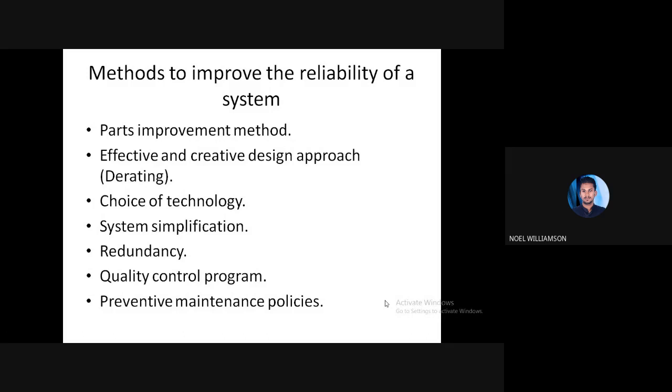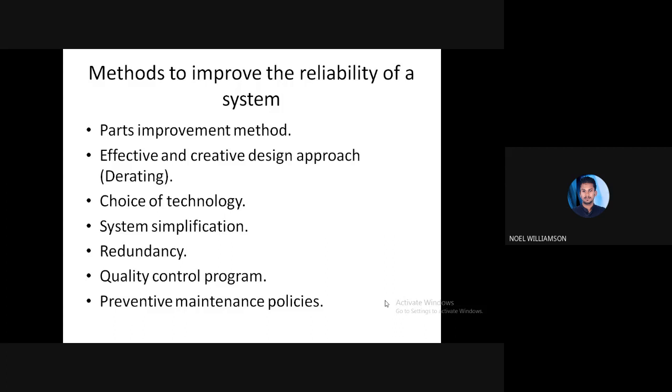Our need is 7000 kilogram per centimeter square, but we use a material having a tensile strength more than that, 10,000 kilogram per centimeter square, as a factor of safety. Then we can say for sure that it will work, and in that case we improve the reliability.